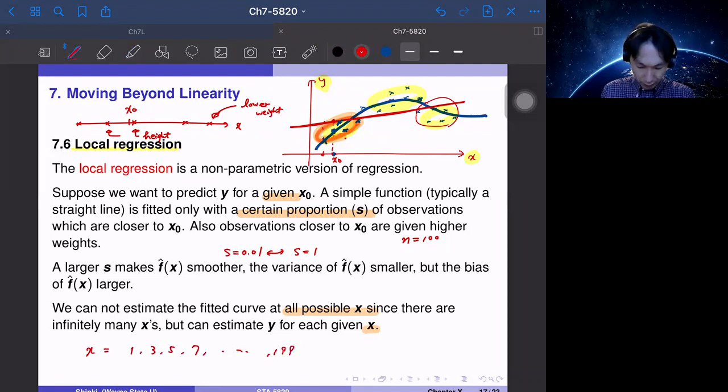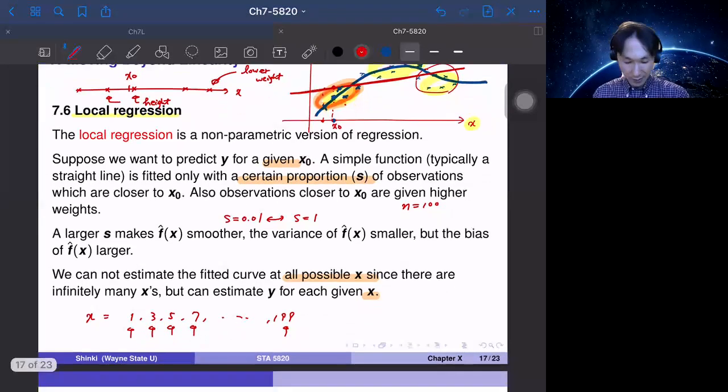We only calculate f hat of x for these x values. So this is one typical way to calculate this fitted line. Theoretically, we can calculate f hat of x for all possible x, but in reality, we have to pick a finite number of x.